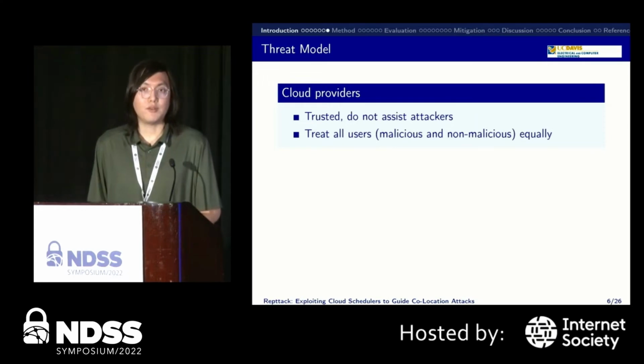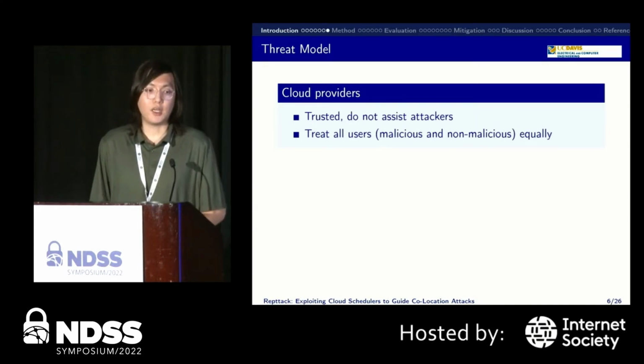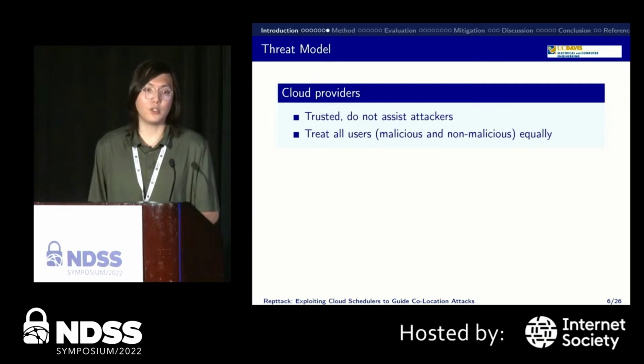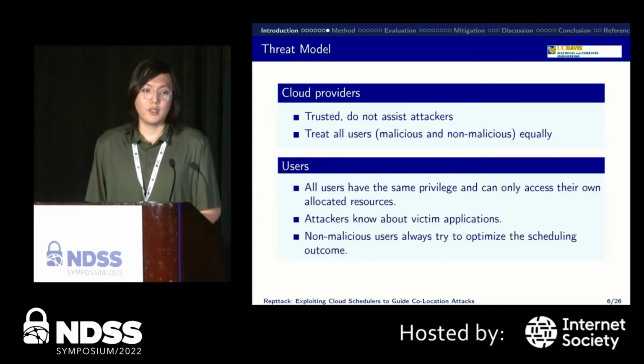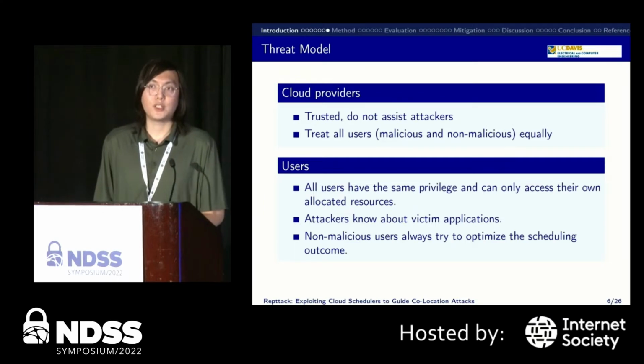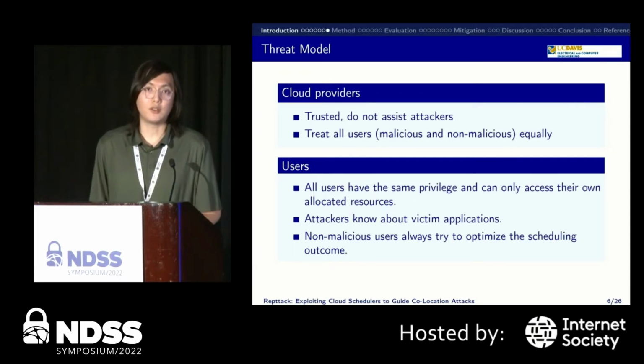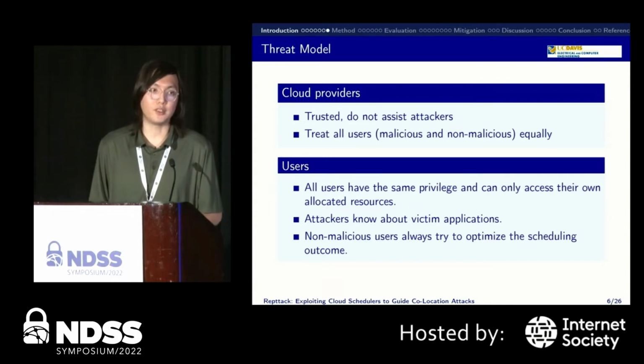So the threat model of our work: for cloud providers, we assume a trusted cloud provider, so they don't work with the attackers, and they don't provide any assistance to the attackers. Instead they treat all users equally. And for users, we also assume that all users are equal, no matter malicious or not. That is to say, the actions the attacker can take are limited to the same set as normal users.